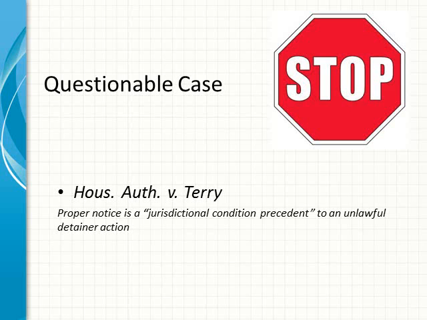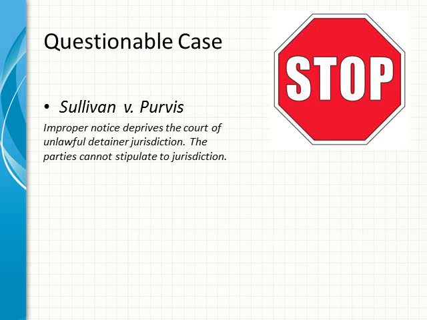For example, you cannot bring an unlawful detainer action in federal bankruptcy court, as that court's jurisdiction is limited to bankruptcies. Similarly, you cannot bring an unlawful detainer action in small claims court or district court, because under Washington's Constitution, jurisdiction is exclusively vested in the superior court where the property is located. Again, as we will discuss later, Bin and Pryor appear to overrule this often cited proposition.